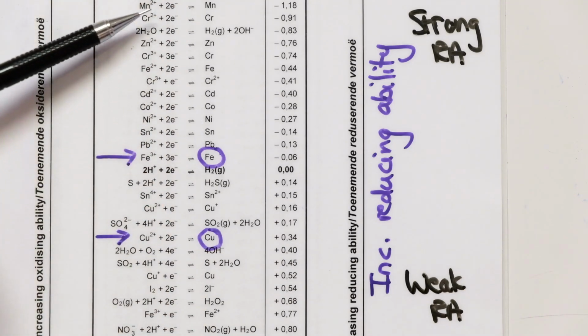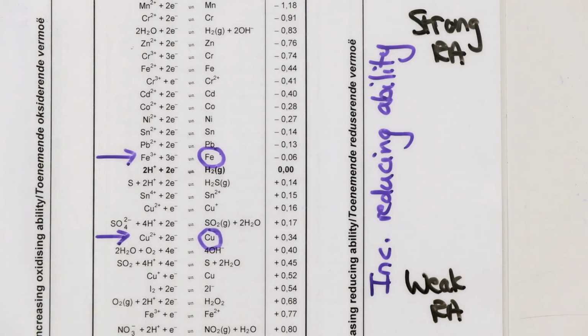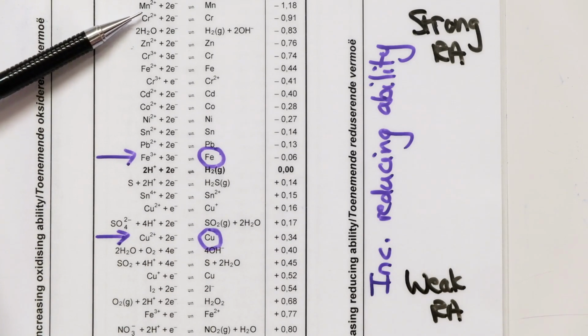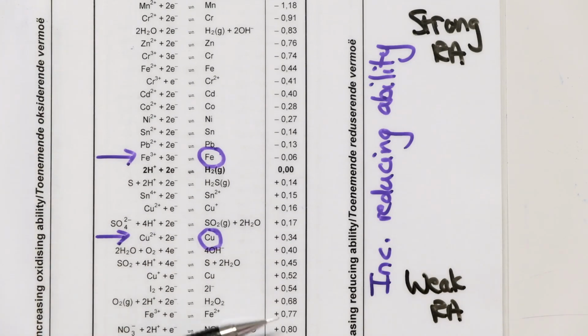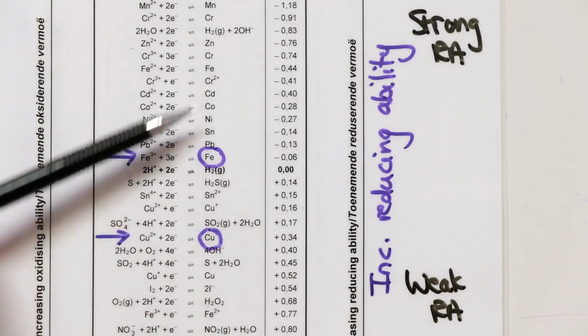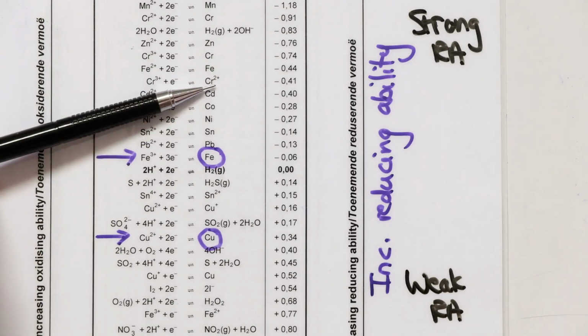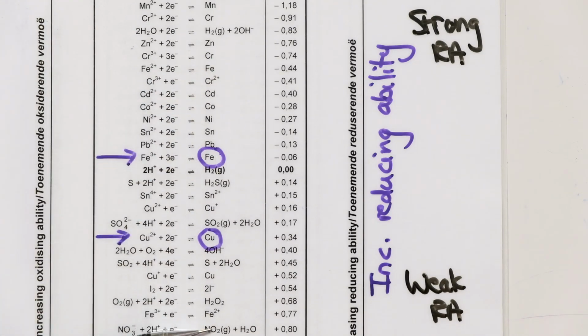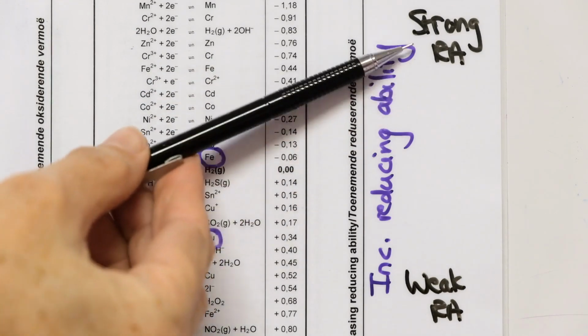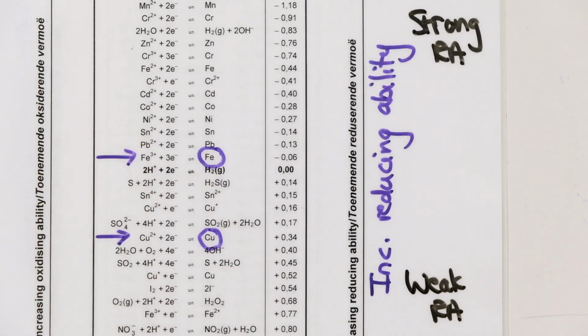On the left hand side, coming down, there's an arrow pointing down and it says increasing oxidizing ability. So you have strong oxidizing agents lower down, weak oxidizing agents higher up. On the right hand side are your reducing agents. So your strong reducing agents are higher up and your weak reducing agents are lower down. So I've indicated that there because we are only looking at part of the table.